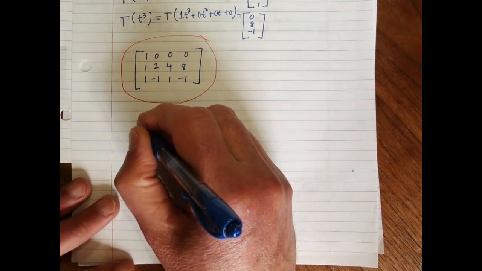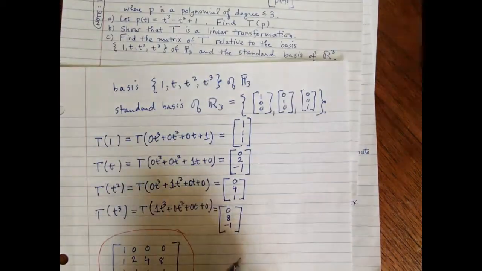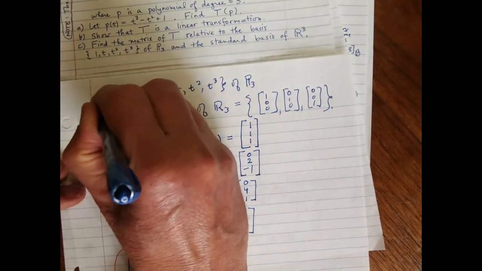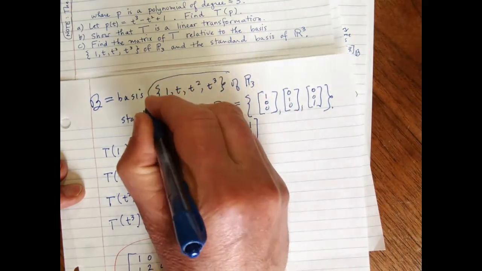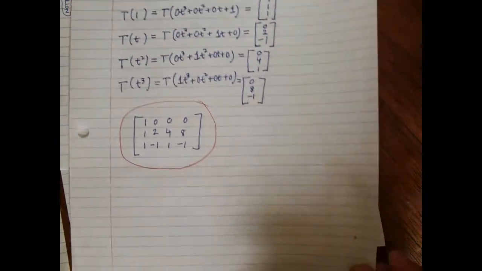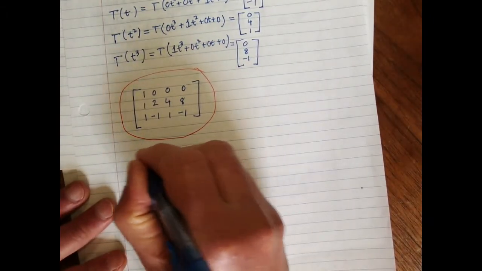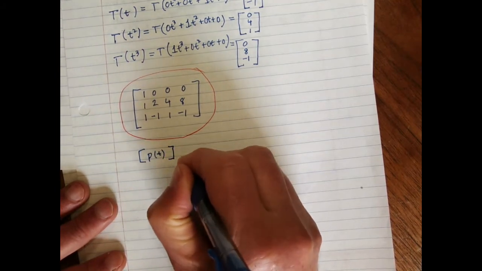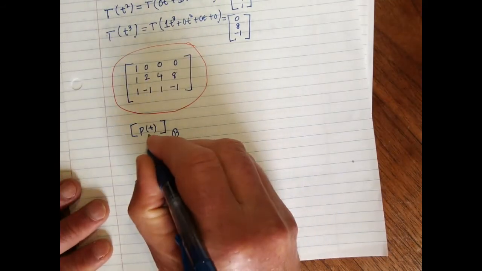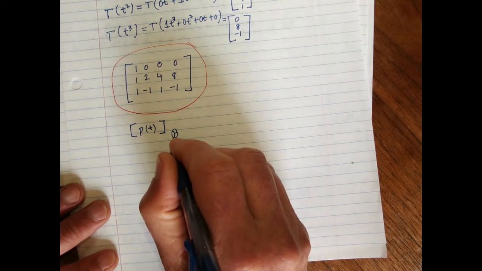If I call this basis B, so let's just use the letter B for this basis of P3, so it has a name. If I were to take any polynomial in P3, and I use this notation, what are its B coordinates?